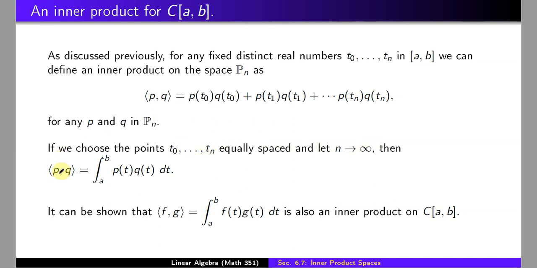Here's what the inner product becomes. It's just the integral over that interval from a to b of the two polynomials multiplied together. And I should mention that for this to work out, t naught has to be a and tn has to be b.